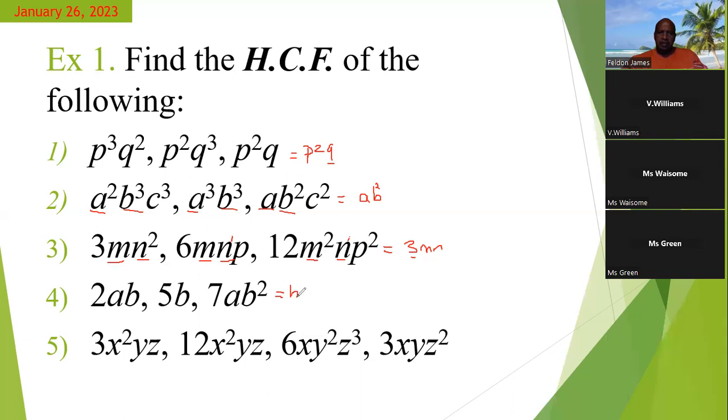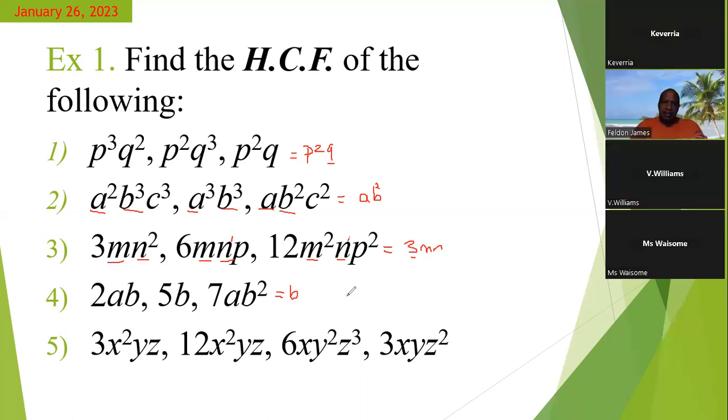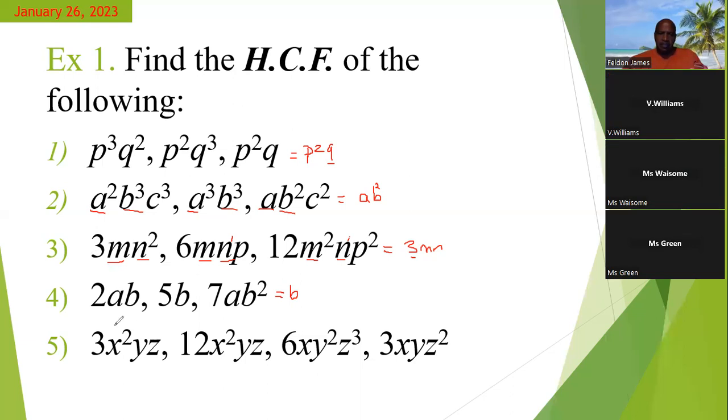All right, is there anybody else in agreement with Ms. Williams? Okay. All right, Ms. Williams, checking it out. Yes, only B, which is common, and the lowest power of B is just B. Correct.